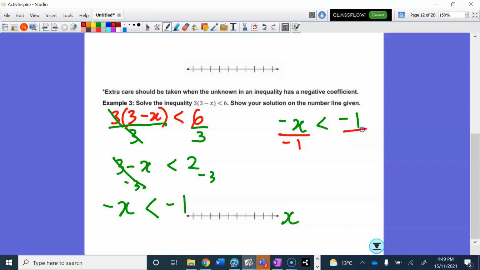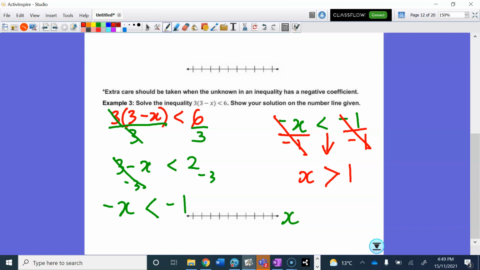Let's say we divide both sides by negative 1, and we know what happens when we divide by negatives with these inequalities. So what effectively happens is that the negative goes away in both, and what I need to do to make this inequation work is to swap that sign to the other direction.